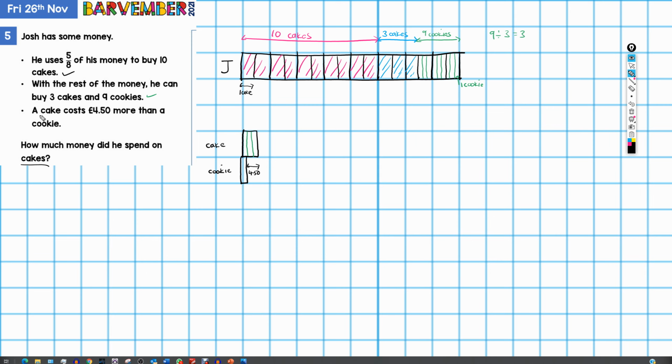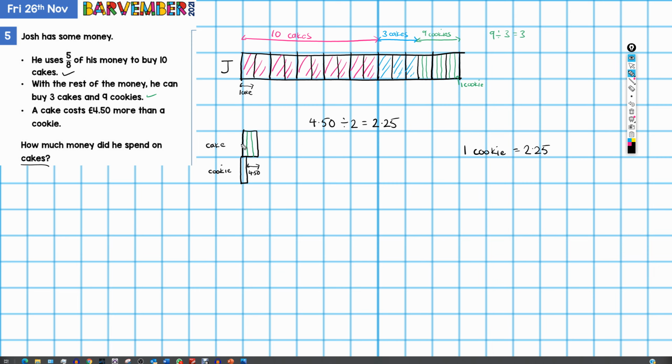So what can we work out there? Well, £4.50 divided by 2 gives us £2.25, and that is one of these parts here. So 1 cookie is £2.25.